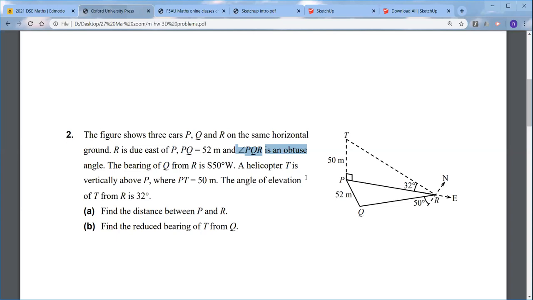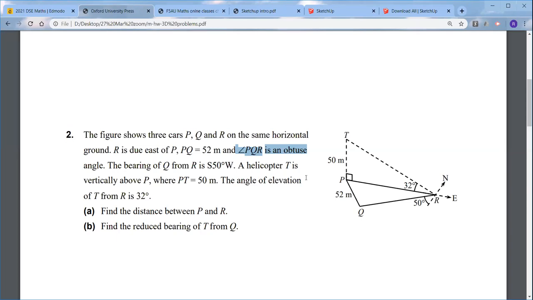Don't assume right angles or parallel lines if it is not mentioned in the question. This is, once again, a very important guiding principle in three-dimensional problems. Do not assume right angles or parallel lines or even straight lines if it is not stated explicitly in the question. Not so much about straight lines, but right angles and parallel lines, because of the 3D perspective.